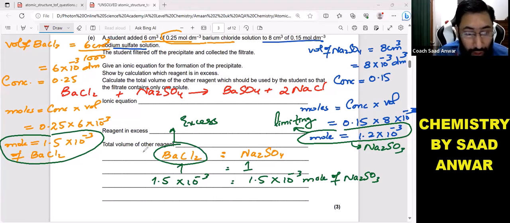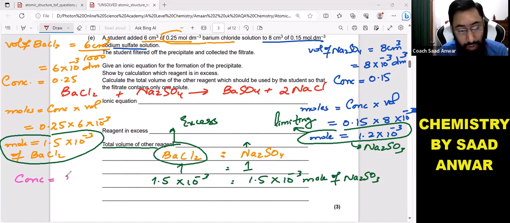Next, I have to find the total volume of the other reagent, which means the limiting reagent. I know concentration equals moles over volume, so volume equals moles divided by concentration.